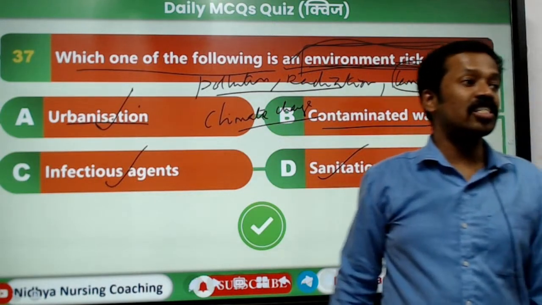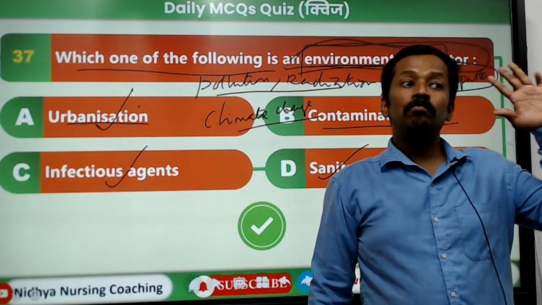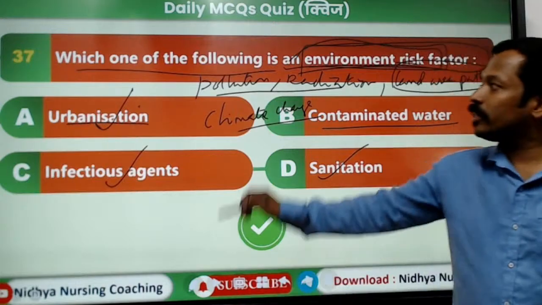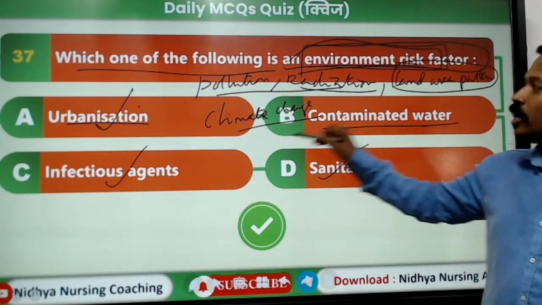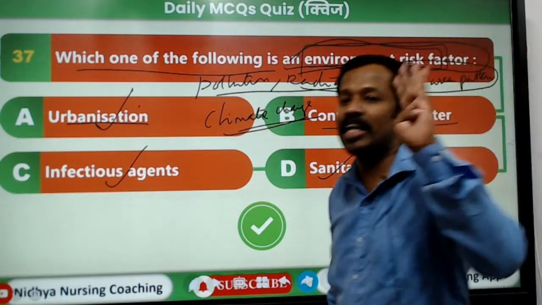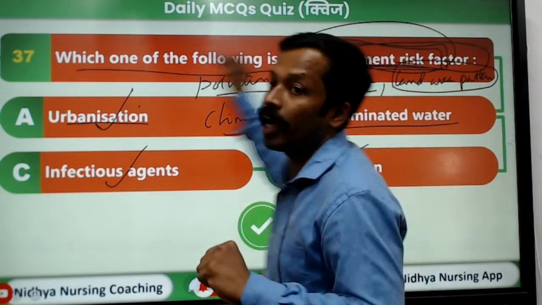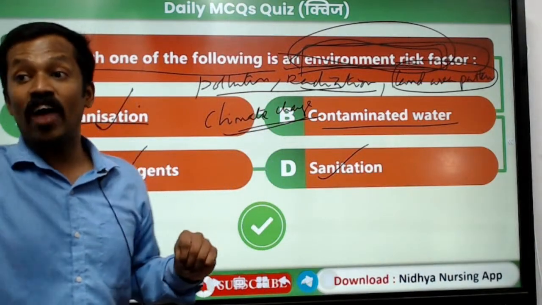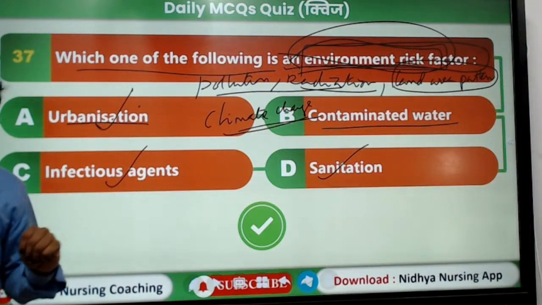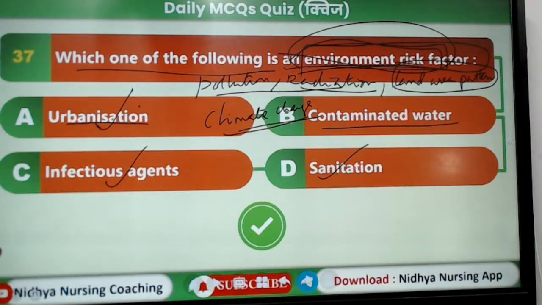Environmental risk factors are pollution, land area pattern, radiation, climate change. These four things mainly come under environmental risk factor. Got it? So what is the answer? Land area pattern. Urbanization. Okay, fine.